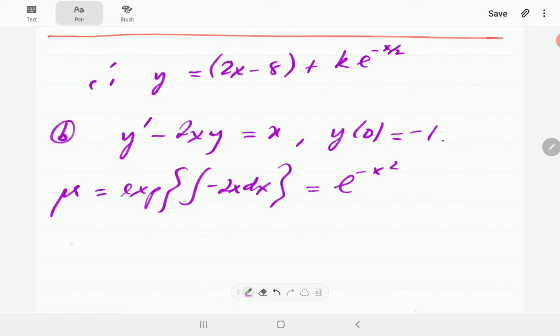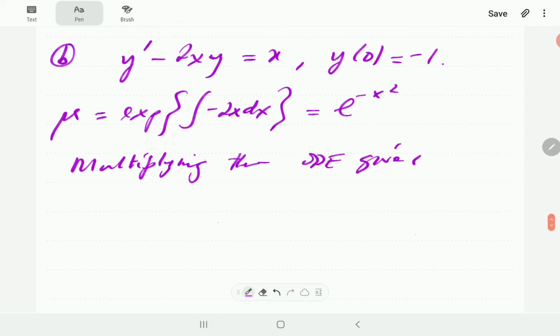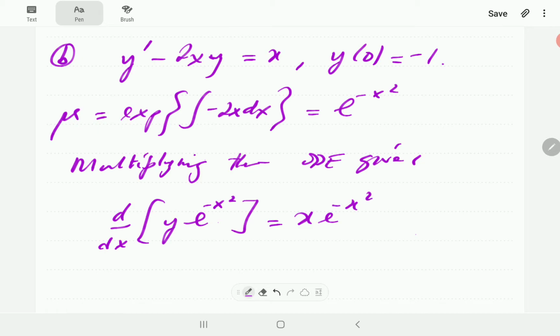Okay, then multiplying the ODE gives, so straight away the left hand side is always going to be derivative of y times the integrating factor, okay, and then the right hand side of course is going to be q times that.